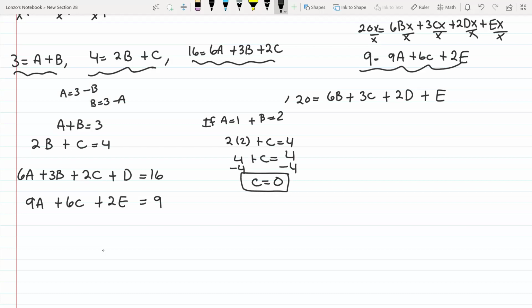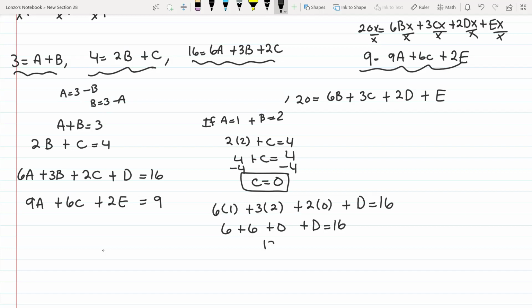And then over here, if my a is 1 and my b is 2, it would be 6 times 1 plus 3 times 2 plus 2 times 0 plus d equals 16. So that's 6 plus 6 plus 0 plus d, and I don't know what d is, right? So 6 plus 6 is 12 plus d equals 16.